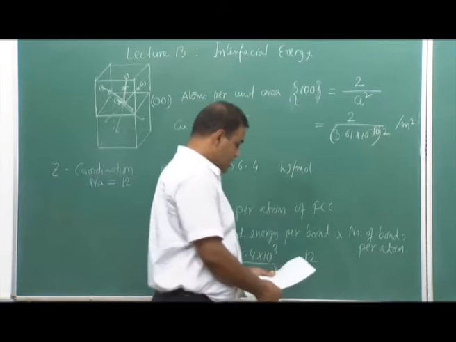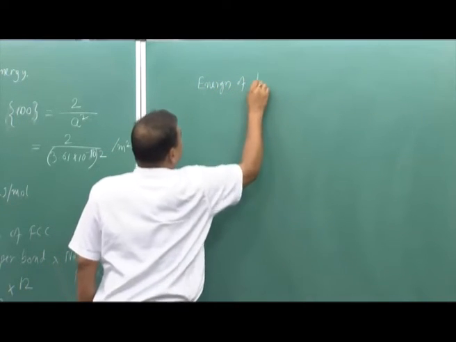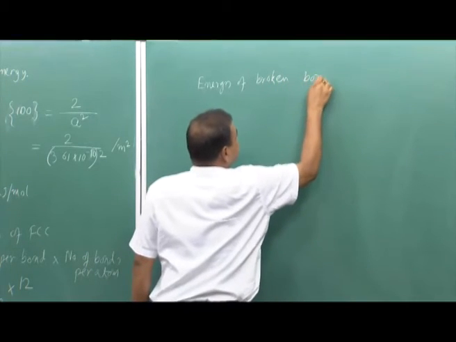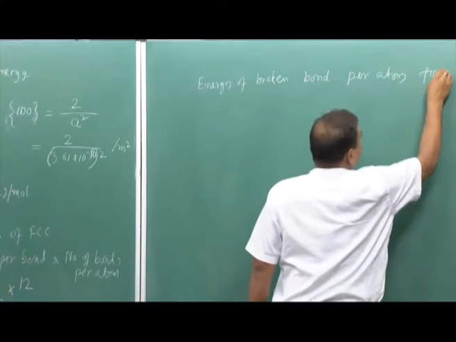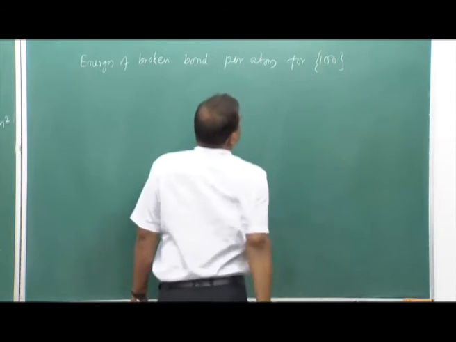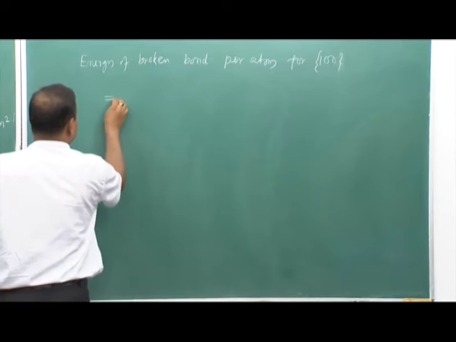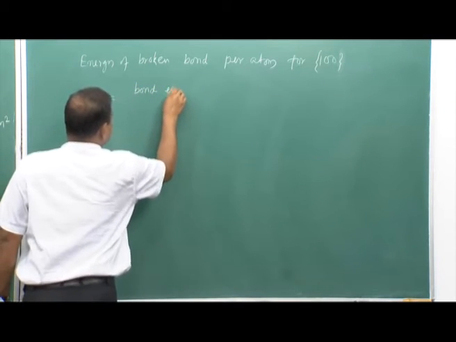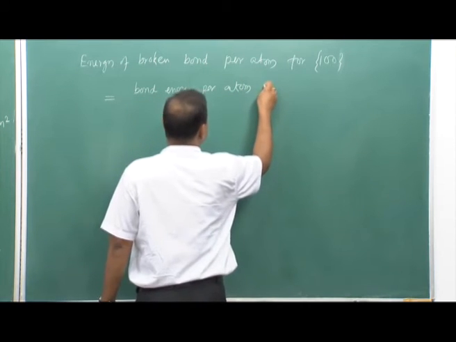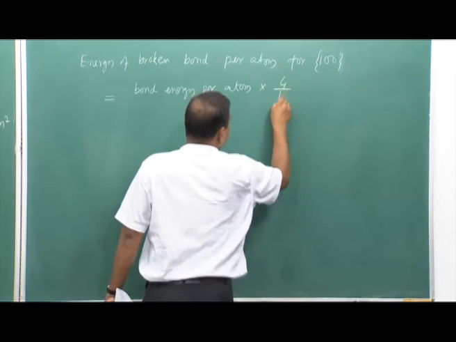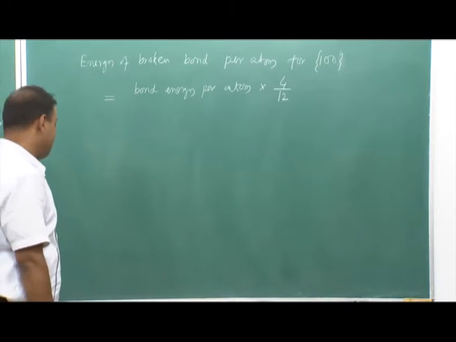So, if we try to find the bond energy of broken bonds per atom for the 100 family of planes, it would be the bond energy per atom into 4 by 12. So, this 4 by 12 term will come.